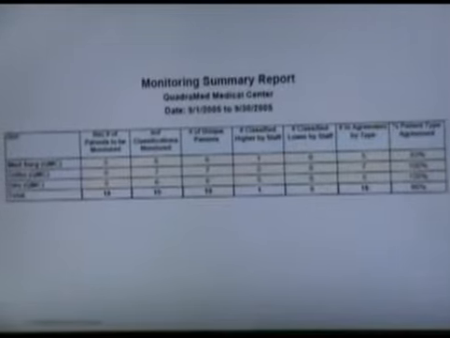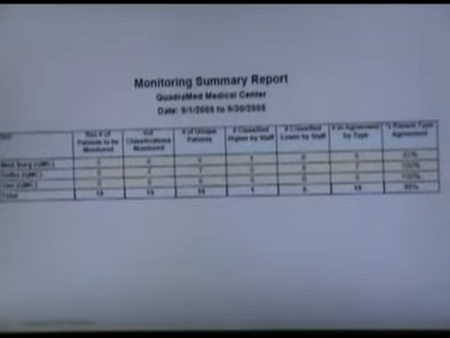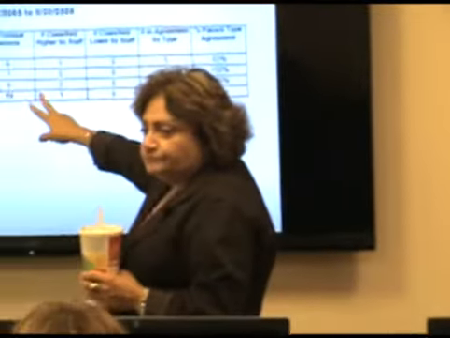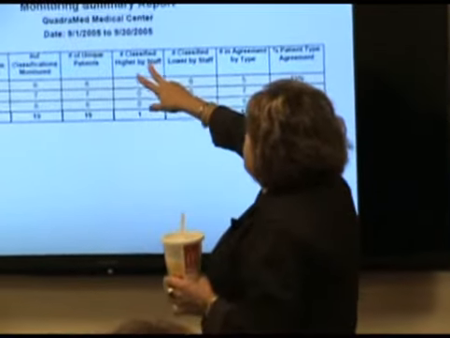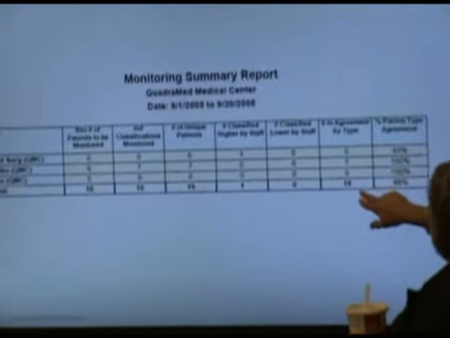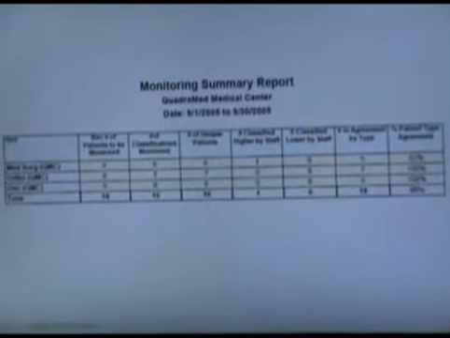So if I monitor Sally Smith on the day shift and monitor her on the evening shift, then that's 2 classifications of 1 unique patient. Number classified higher by the staff, number lower by the staff, number in agreement by type, and then percent patient type agreement.